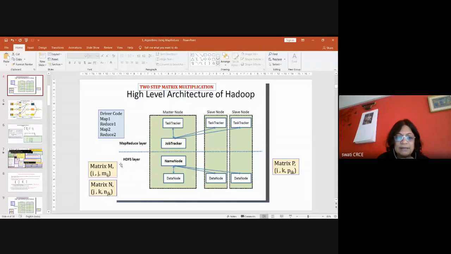For example, matrix M is stored in the form of three elements: row, column, and the actual element value. Now I'm talking about relational algebra. If it is relational algebra, then my database table is represented as a relation R, and a particular element is a row of the table, where every column is an attribute.